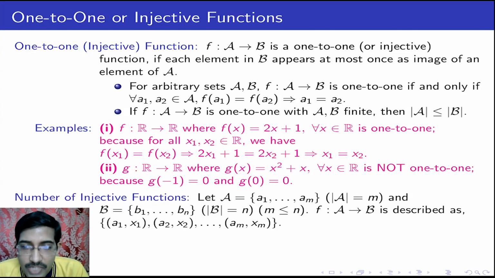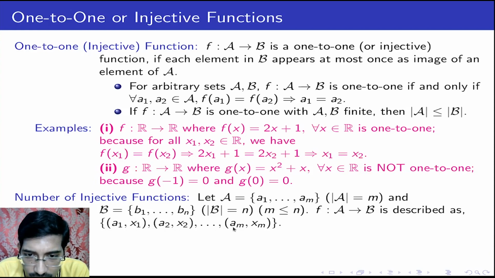So the number of injective functions, again, if you think by the rule of product, you can find it easily. For m elements in A and n elements in B, the function definition says each of the first components of this association is unique. So there are m positions.